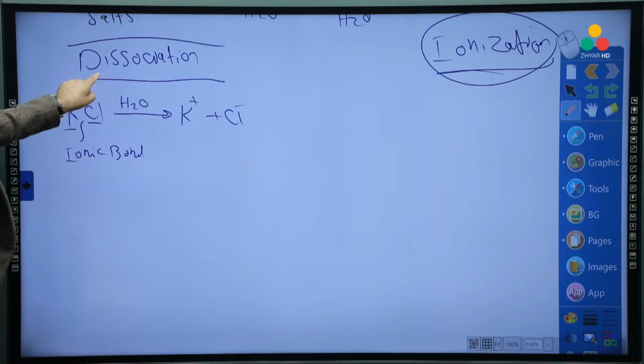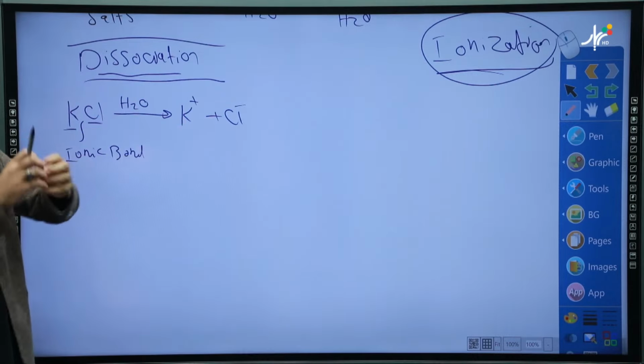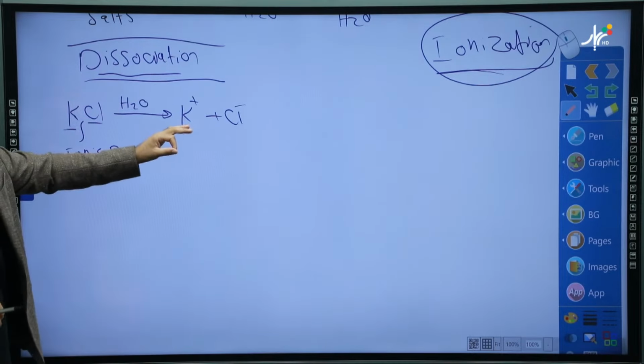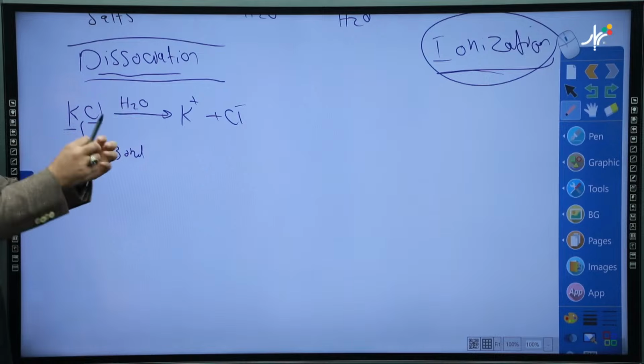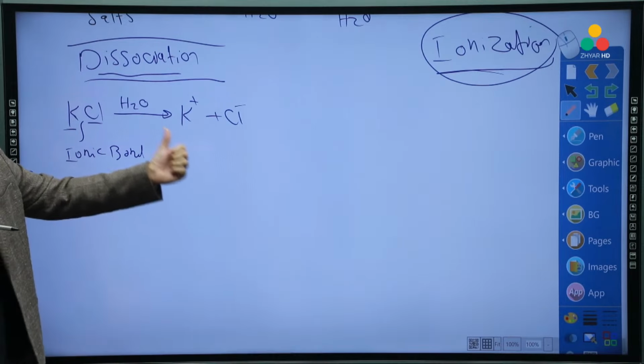So the process of dissociation is separation of ions from each other. Okay? Look, it's very important. Take that point. Dissociation is separation of ions from each other that are already present.